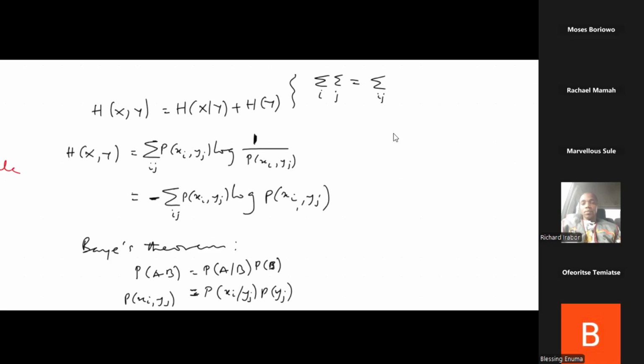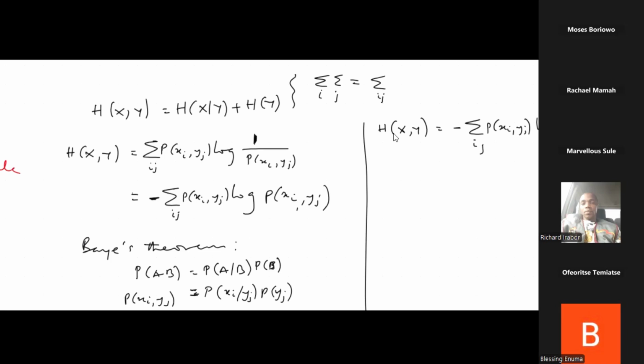So now we are going to apply this to this expression, so that the joint entropy will be the same as negative sigma ij p of x_i, y_j log of p of x_i given y_j, the equivocation, times p of y_j, right?